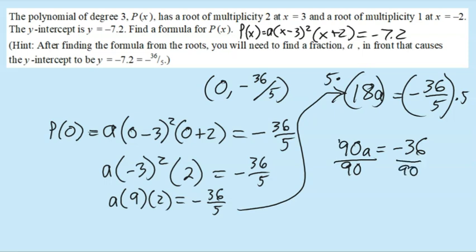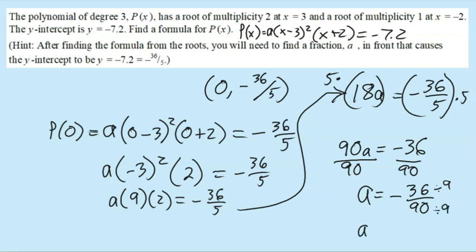And we're going to wind up with a equals negative 36 over 90. Now, I know that 36 and 90 are both divisible by 9. So we can divide the numerator by 9 and divide the denominator by 9.